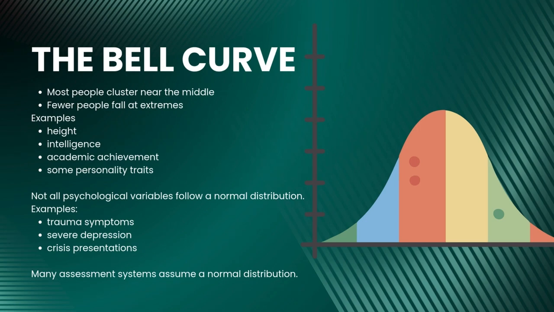And many psychological characteristics distribute similarly, like intelligence or some personality traits or academic achievement or some behavioral measures. Although importantly, not all human experiences follow a perfect normal curve. For example, trauma symptoms or severe depression in community samples may not distribute normally at all. And this matters because many standard scores assume a normal distribution.